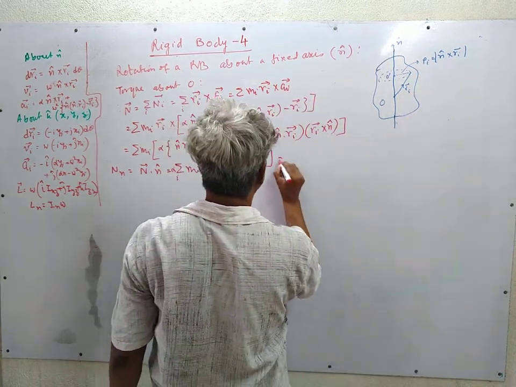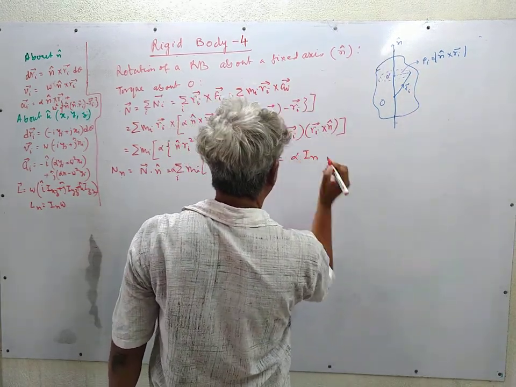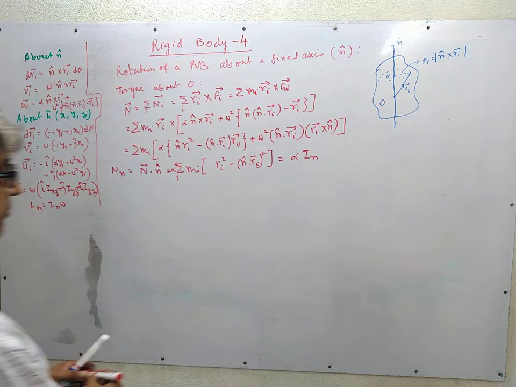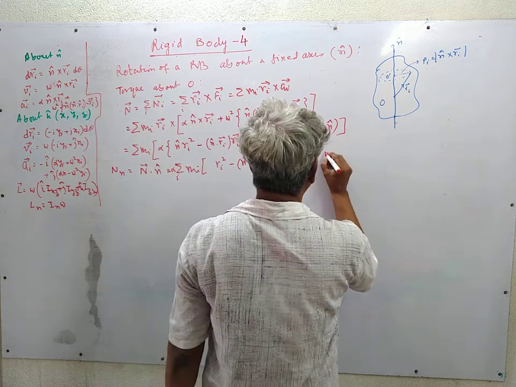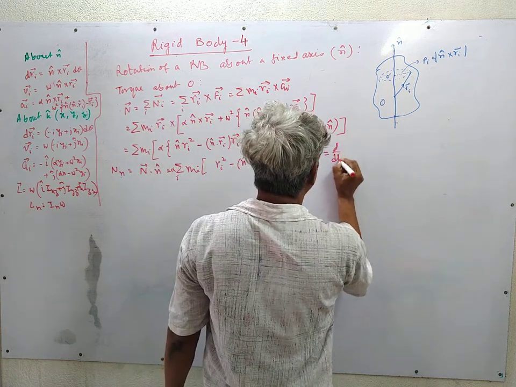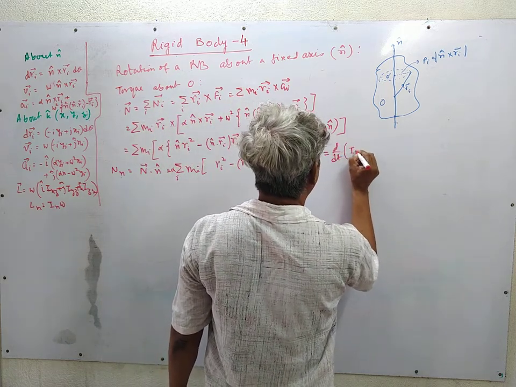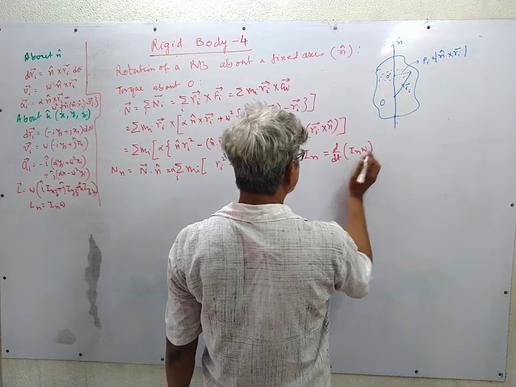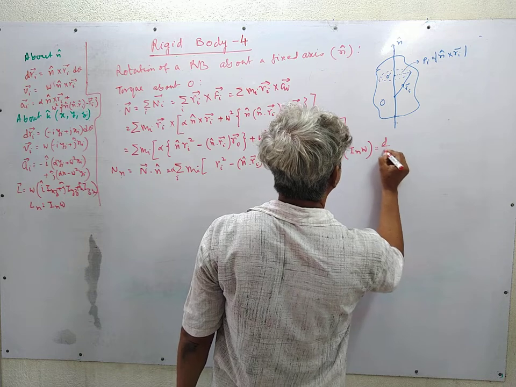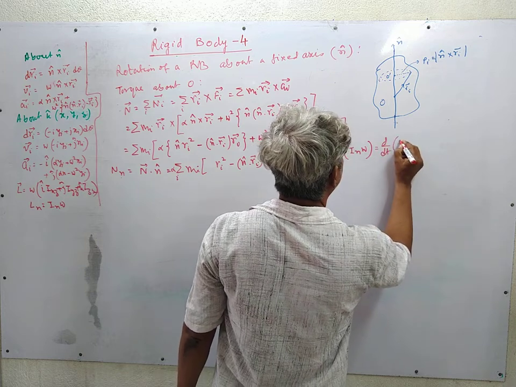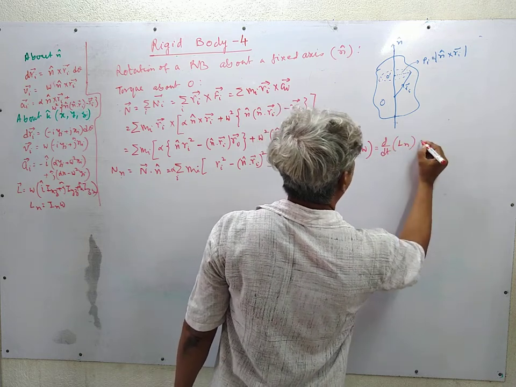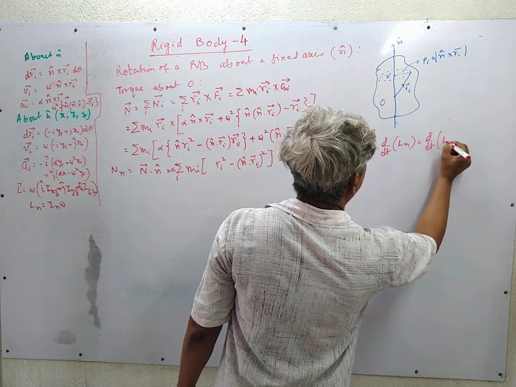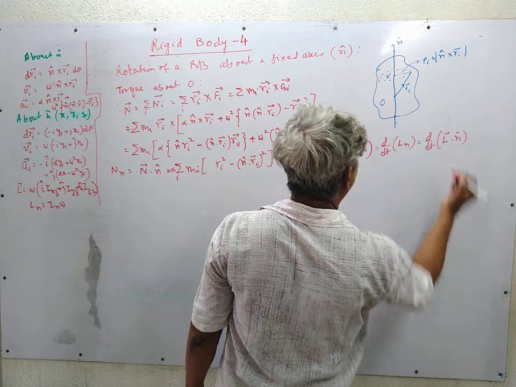So we write it as alpha I_n, which can be written as d/dt of I_n omega, where I_n is constant, so we can write it as d/dt of L_n, or d/dt of L times n cap.